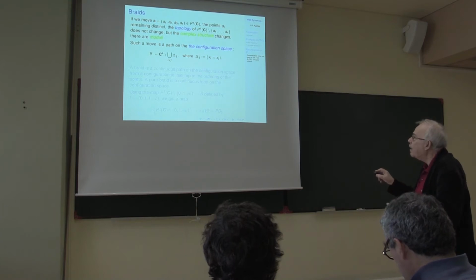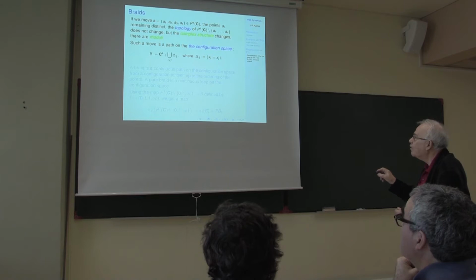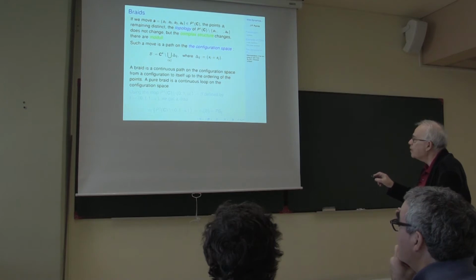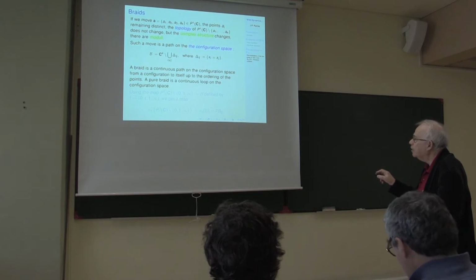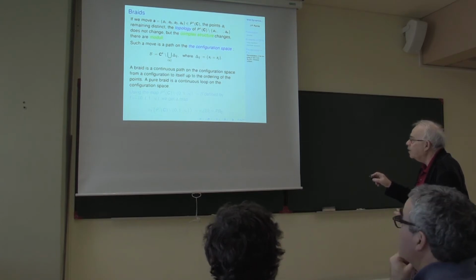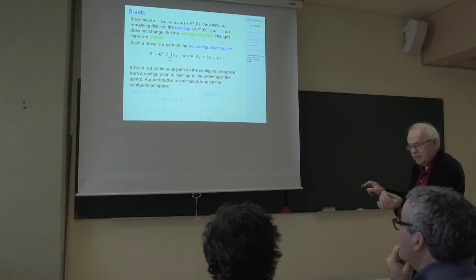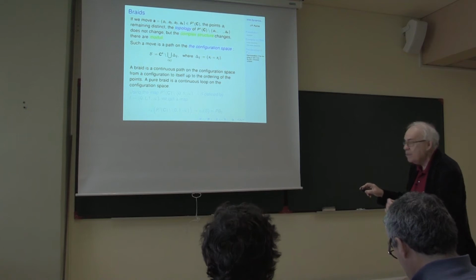Such a move is a path on this configuration space. A braid is a continuous path on the configuration space from a configuration to itself up to the ordering. I am interested especially in pure braids. A pure braid is a continuous loop, that is, when you go back to the same configuration, the same order.